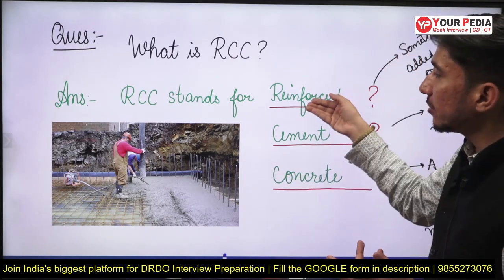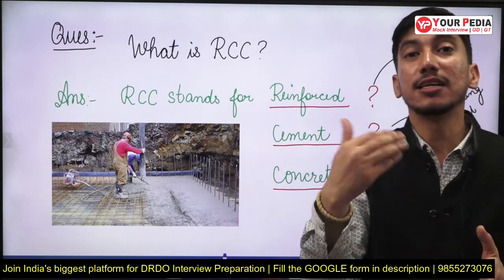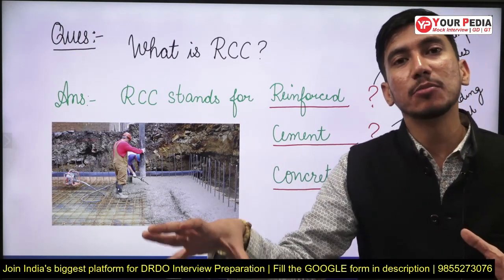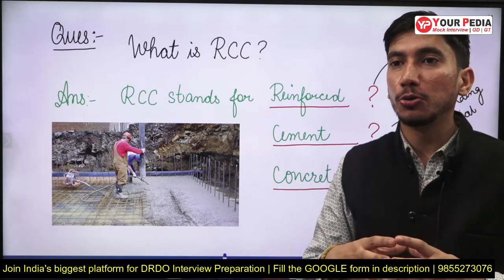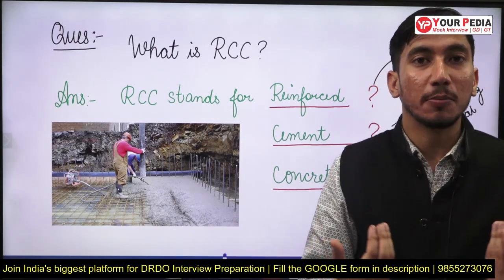Now why has the word reinforced been added? The term reinforced by itself means something or a material that is being added to another material, to another composite, in order to improve its properties, in order to help that particular material perform its function in a better way.